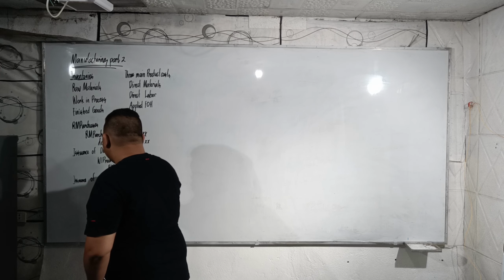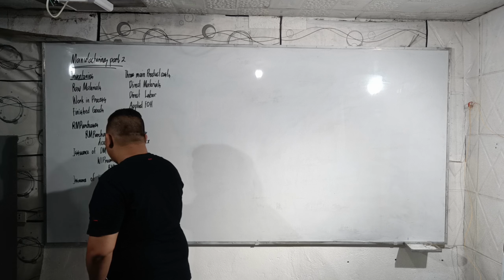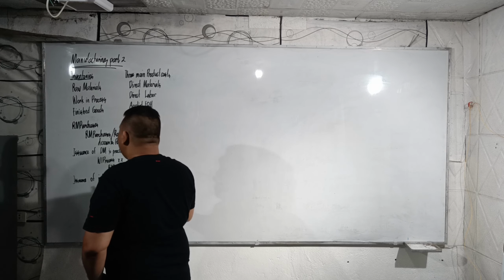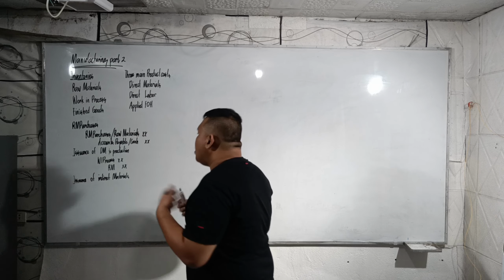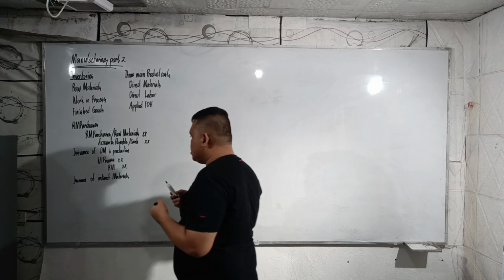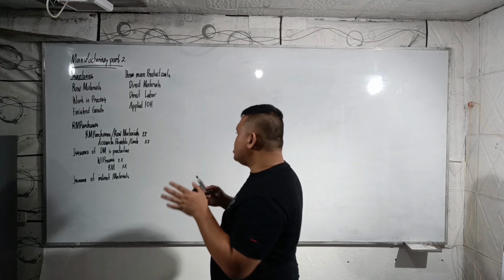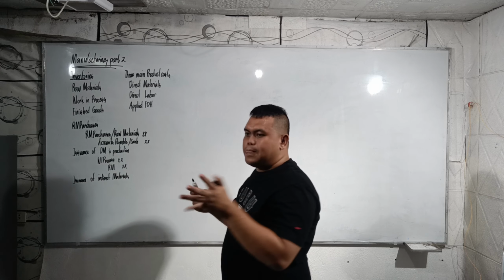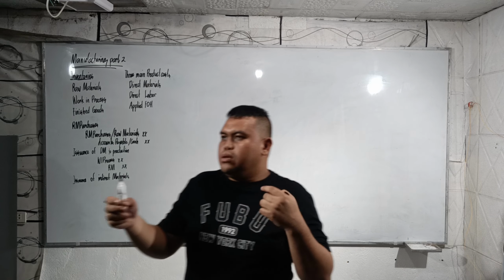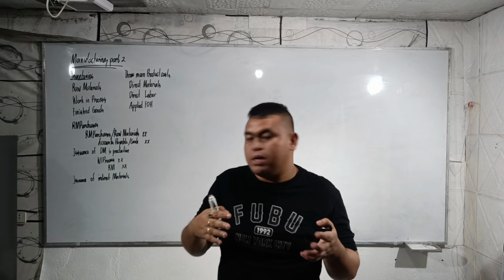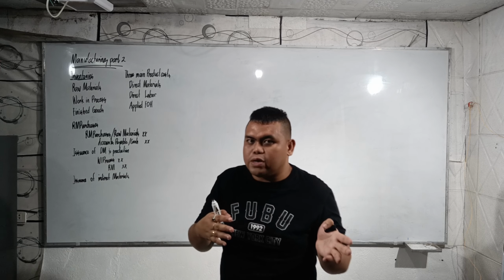of indirect materials. Since we're not going to use the actual amount for the indirect materials, we cannot put that in the work in process account because we should, again, accumulate all the sources of this factory overhead because indirect materials is part of factory overhead.